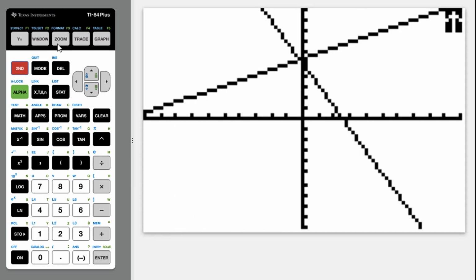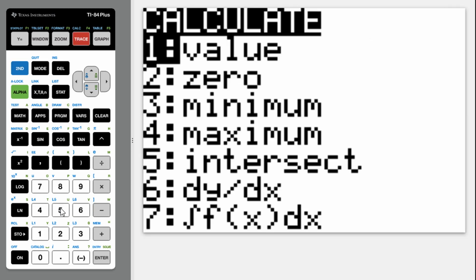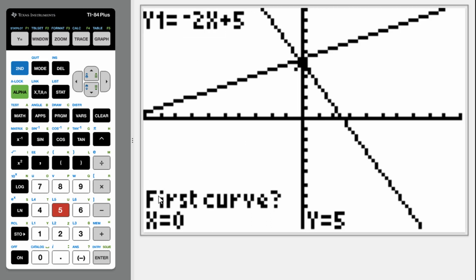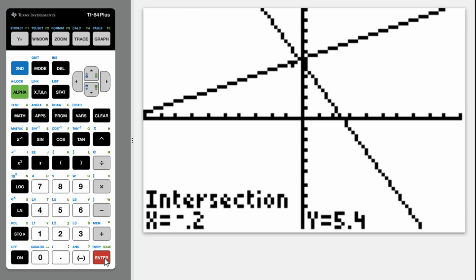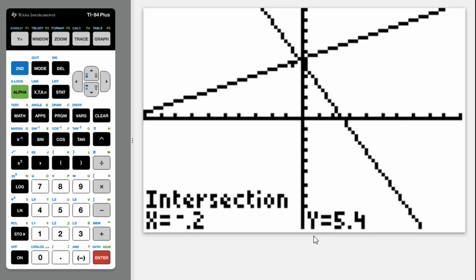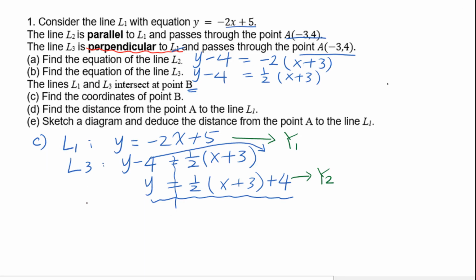Then I go to second trace. 5 is intersect, so press 5. 3 enters. X equals negative 0.2, Y equals 5.4. Written down, by graphing we get B, that is negative 0.2, 5.4.